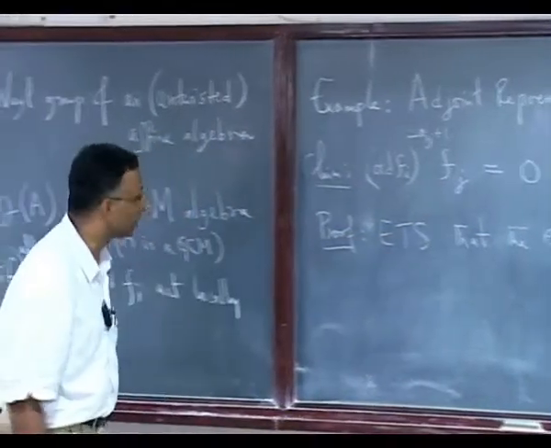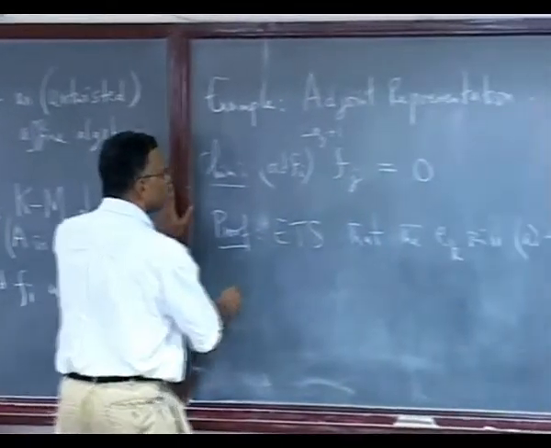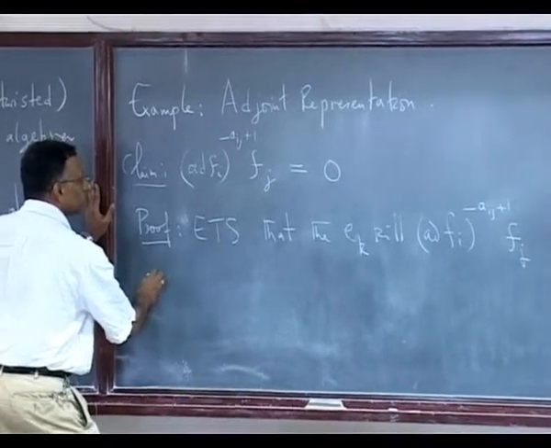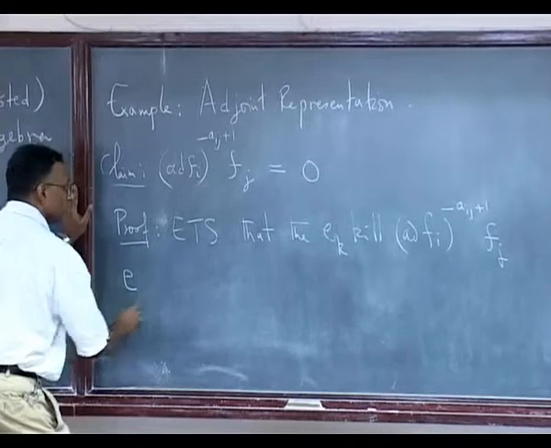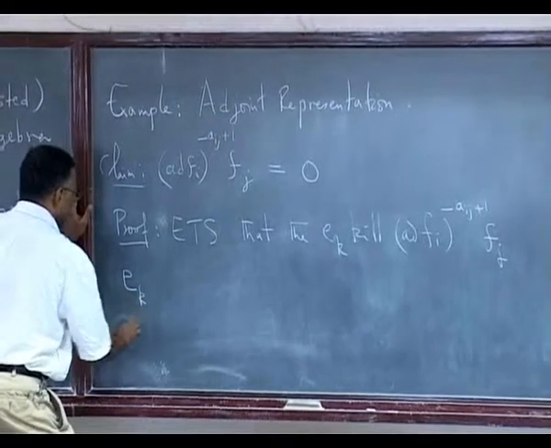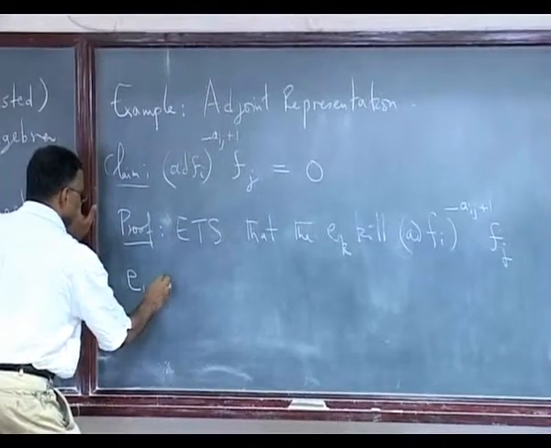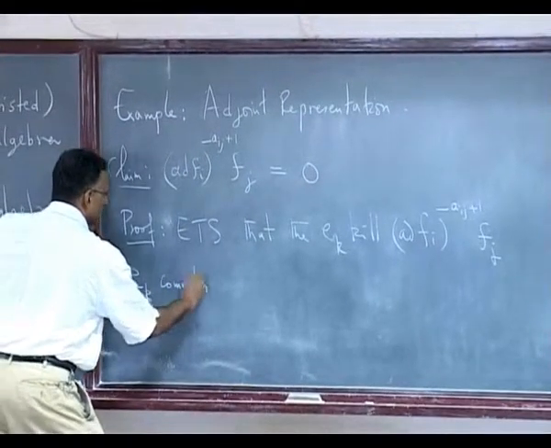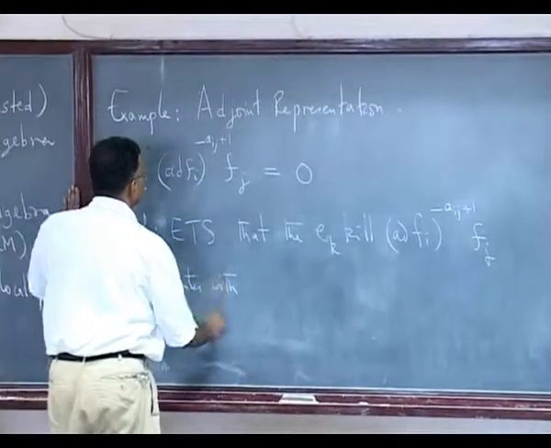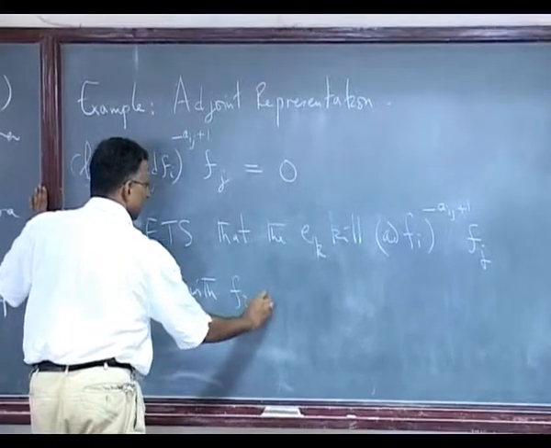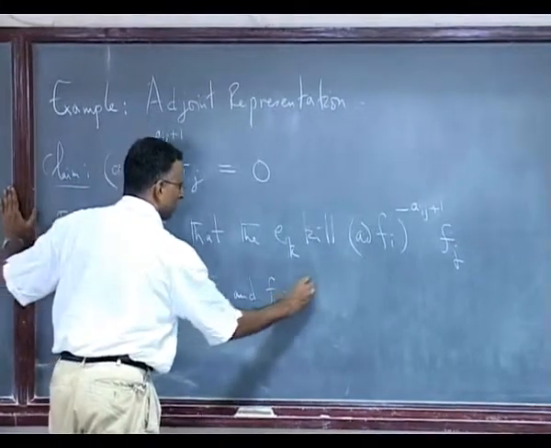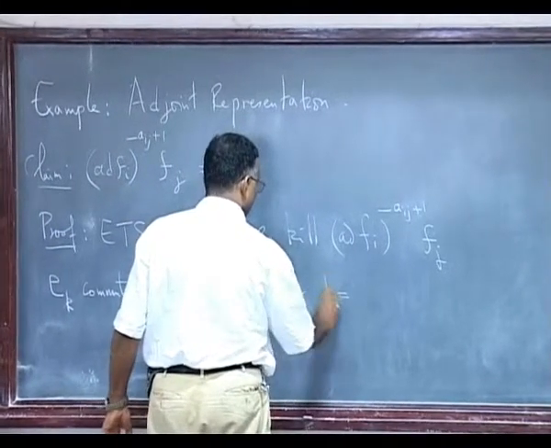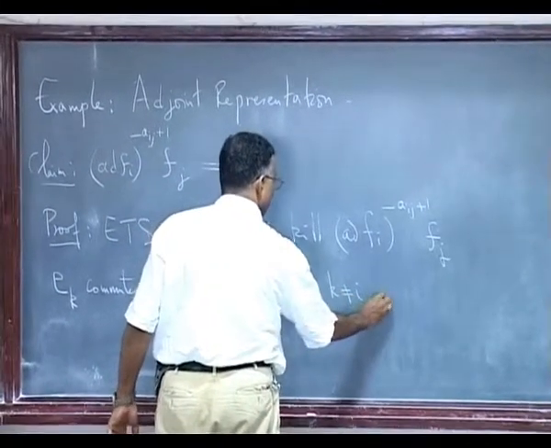Let's just do this. So let us take first Ek. So Ek commutes with Fi and Fj for k not equal to i and k not equal to j.